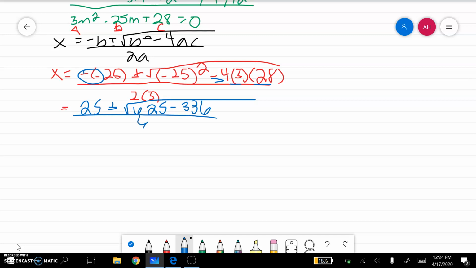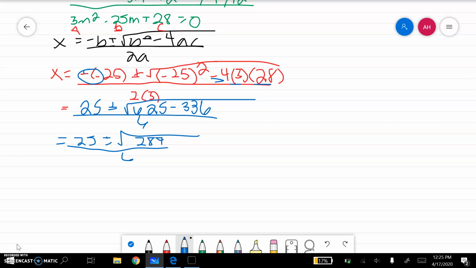And that's all over 6. All right, then we subtract what's underneath. So when you subtract that, you get 289 over 6. Okay, so then we need to simplify the square root.